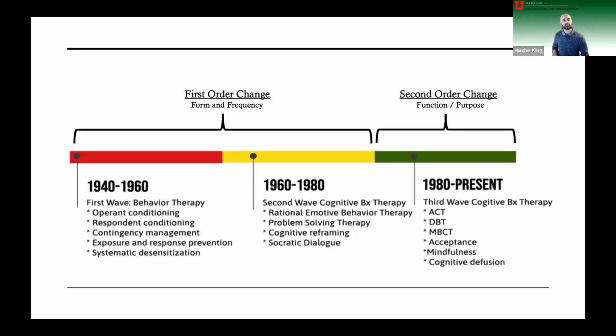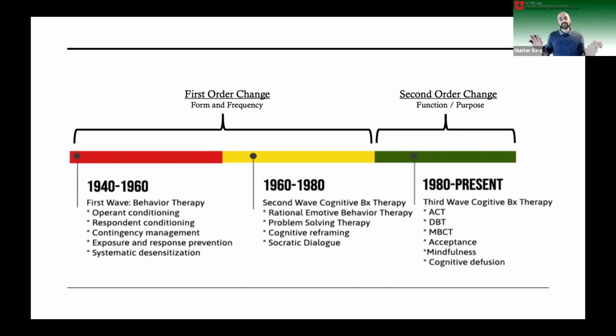Then the cognitive revolution came around the 1960s, and now we have a way to conceptualize how thoughts and feelings might be contributing to somebody's clinical issue. And then now we have our third wave, which you think of ACT, DBT, acceptance, sort of these Eastern ideologies bridging with Western behavioral practices.